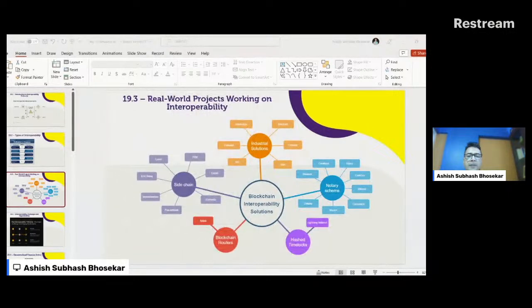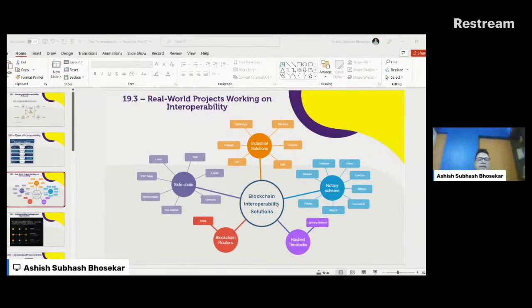Now, the benefits of these things. First and foremost, it enhances liquidity by allowing assets to move freely between blockchains. This cross-chain compatibility increases efficiency. Just imagine if one blockchain is not compatible with another.